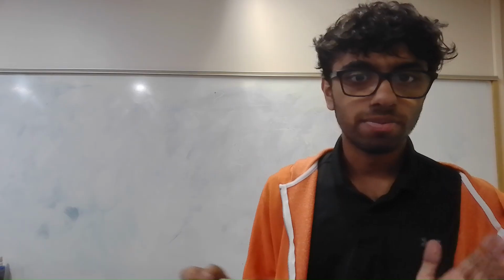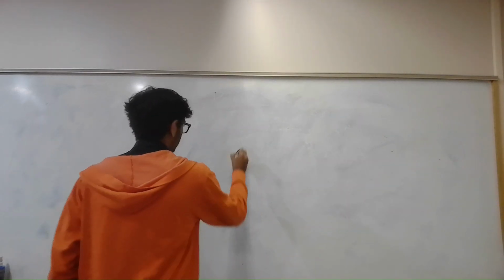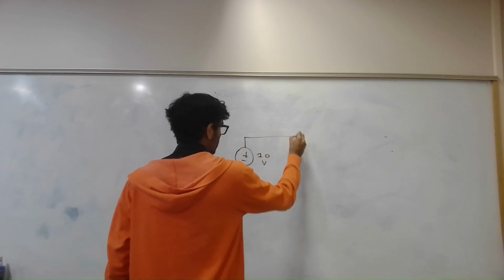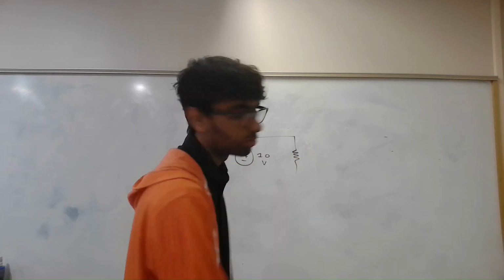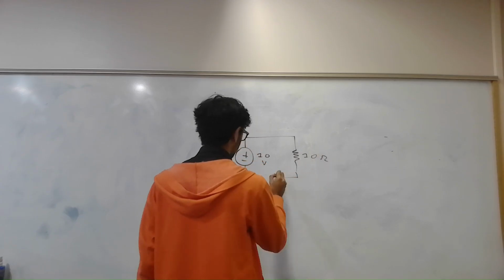So for this last problem, it's a circuit simulation problem. I'm not going to do it on here. If anyone has problems with circuit simulation, on Friday during that session, I'll be on Zoom and we can troubleshoot for you guys. But what I'm asking you to do here is draw a circuit that sends a 10-volt battery into a 100 ohm, I believe I wrote, 10 ohm resistor, sorry. 10 ohm resistor.